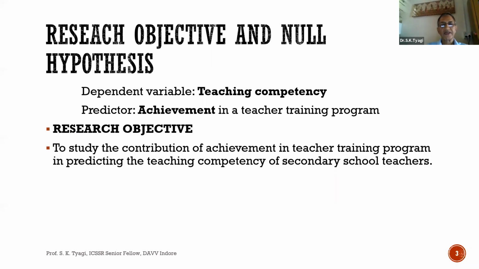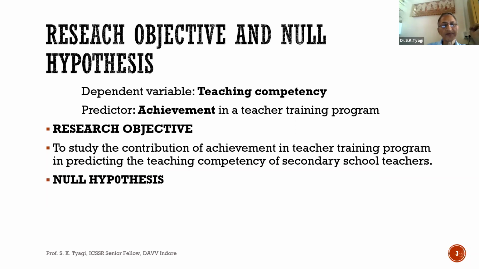to study the contribution of achievement in teacher training program in predicting the teaching competency of secondary school teachers. Does achievement in teacher training program contribute to significantly predicting the teaching competency of school teachers? This is our research question, and the objective has been framed in accordance with that.